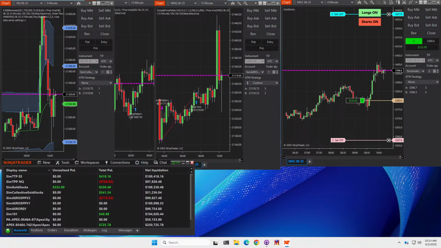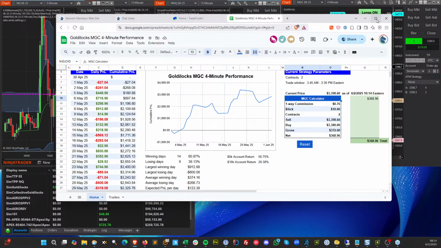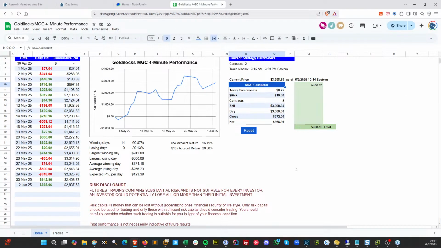GC 3396. Yeah, looks like it's updating. All right, yeah, just updated. So this thing's updating in real time. I have a spreadsheet that updates my website, and then this pulls the updated price of gold every minute.